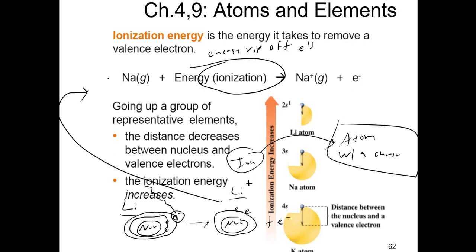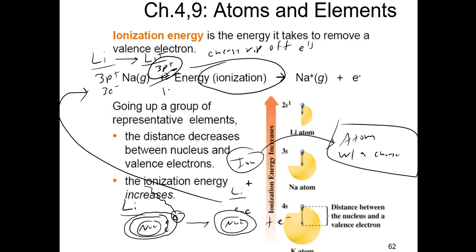But in short, here is neutral lithium. Neutral lithium had, to start off with, 3 protons and 3 electrons. The lithium ion, however, has 3 protons and 2 electrons. So you'll notice that there's one more proton than electron.